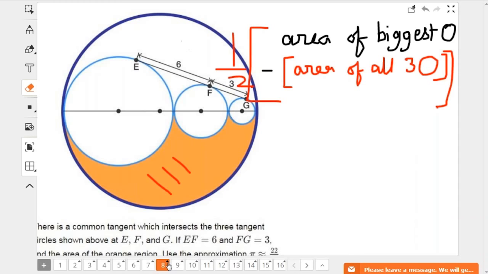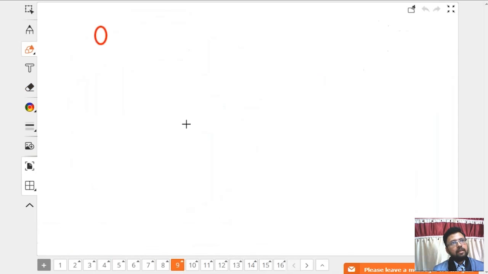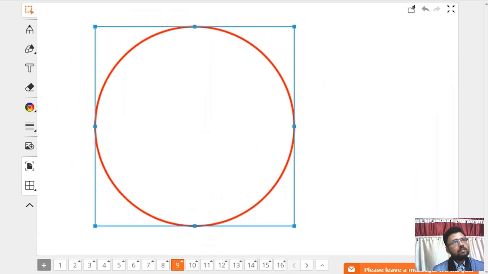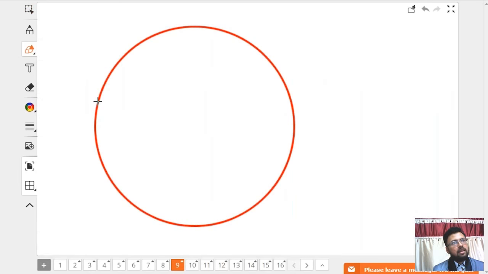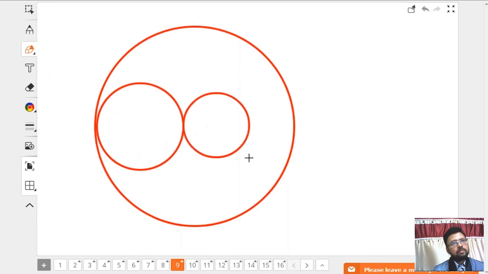Okay, now in terms of area of the smaller circles, so this is the big circle. This smaller circle inside it. There's another one. Okay, this another.